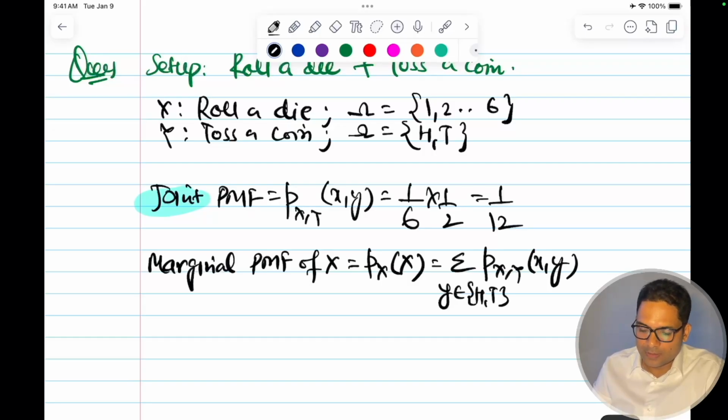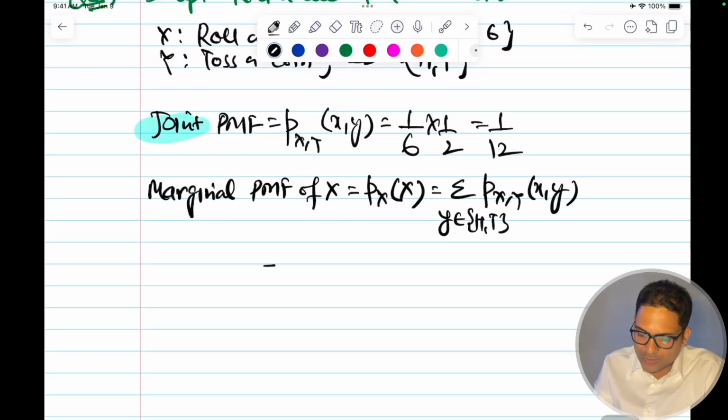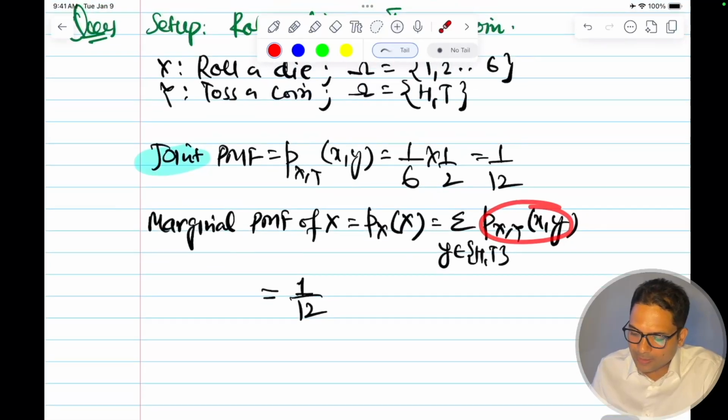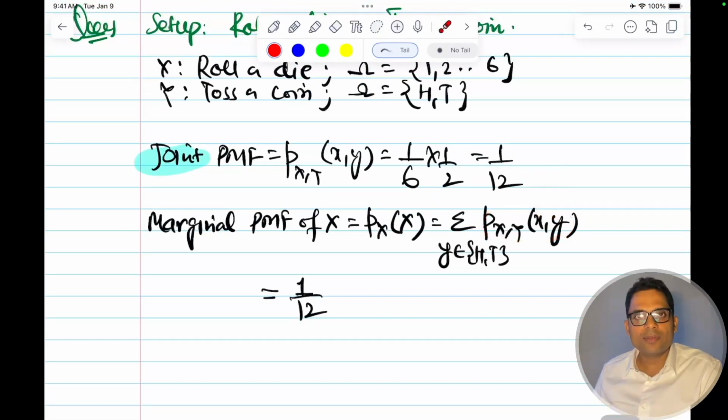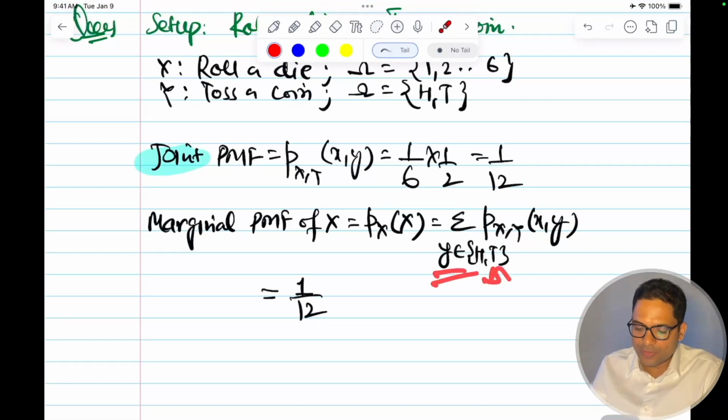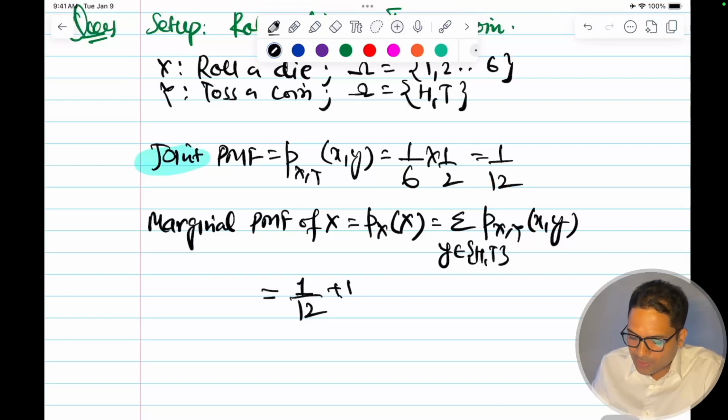What is the summation for head and tail? For head it is 1 by 12. This is the joint probability, right? I'll sum it over all the possible values of y. So this is my combined joint PMF, and for head 1 by 12 plus tail 1 by 12, this will give me 1 by 6.